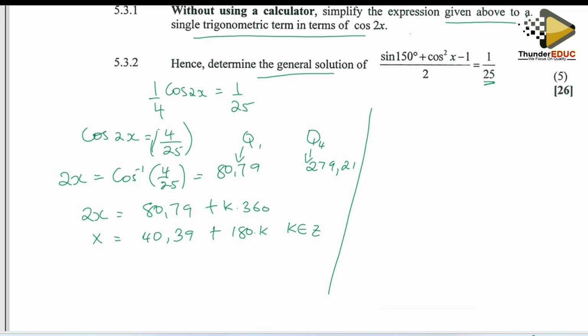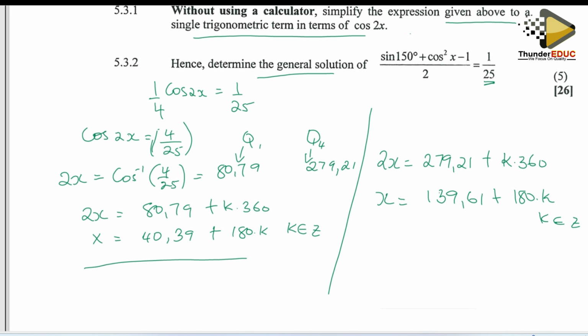And then in the fourth quadrant, I'll have 2x is equal to 279.21 plus k times 360. Divide by 2. That's going to give me 139.61 plus 180 times k. So that's how we would get those general solutions.